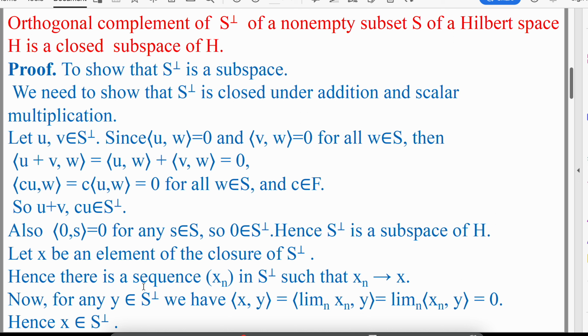Now for any y belonging to orthogonal complement of S, we have inner product of x with y equal to inner product of limit xn as n tends to infinity with y, and we can write it as limit n tends to infinity. We can write outside also inner product of xn with y, but xn is a sequence in orthogonal complement of S. It means inner product of xn with y is 0. So it means inner product of x with y equal to 0.